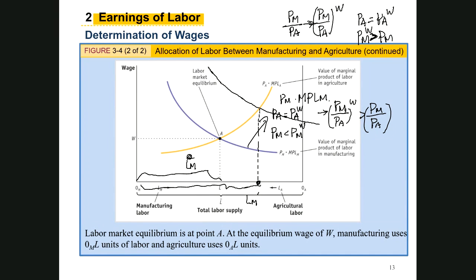On the other hand, originally that's the amount of labor in the agriculture sector. Now the sector shrinks to here. And the equilibrium wage increases to this point. And that is exactly what we see here.